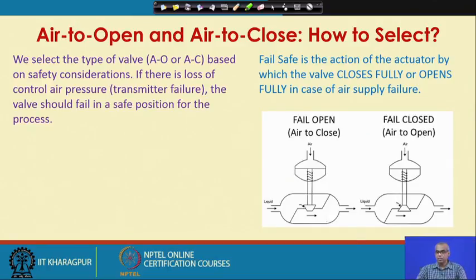Fail safe is the action of the actuator by which the valve closes fully or opens fully in case of air supply failure. So, in case of loss of control air pressure, the fail safe action refers to the case where the valve closes fully or opens fully.